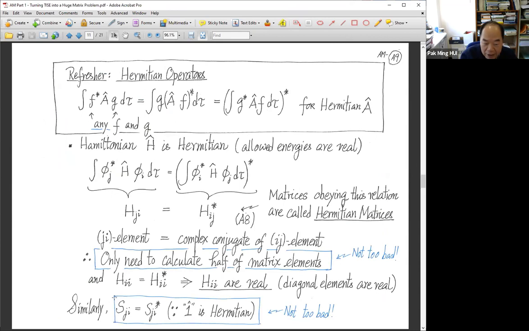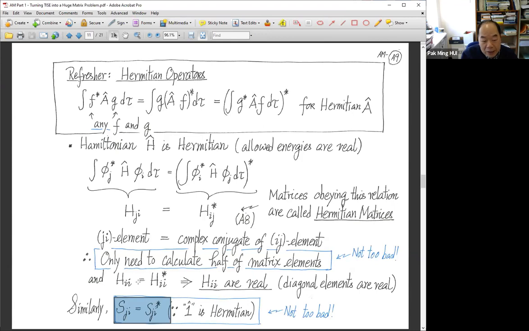So that's safe in terms of computation, that saves half of the work, all right? Similarly, Sji is Sij star. The reason is that I can pretend there is a 1 in between the two wave functions, and 1 is a Hermitian operator, the identity operator, okay? So again, that saves us work.